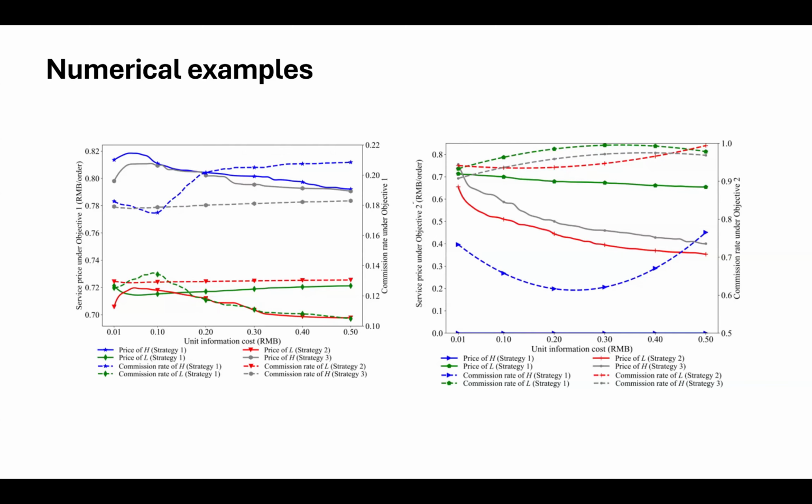Under objective 2, namely social welfare maximization, the price and commission outcomes display distinct patterns across strategies, as shown in the figure on the right. An important observation is that under strategy 1, the platform sets the price of high-quality survey to 0, while maintaining a relatively high price for low-quality survey.